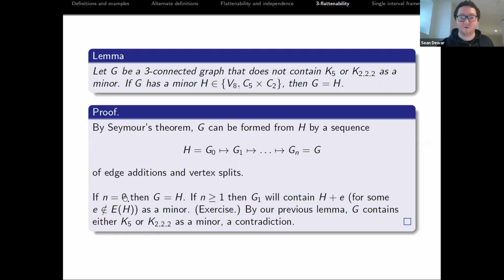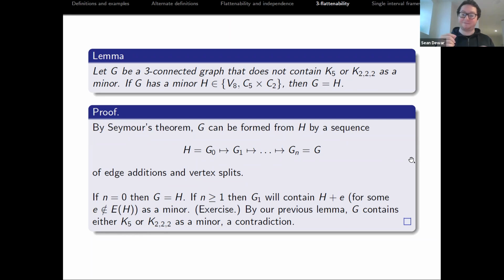Obviously, if n is equal to 0, then G is just equal to H, and we're done. That's what we have over here. If n is greater than or equal to 1, then I claim, and I'm using it as a bit of a black box, that G1 will contain H plus e for some edge e not equal to e as a minor.